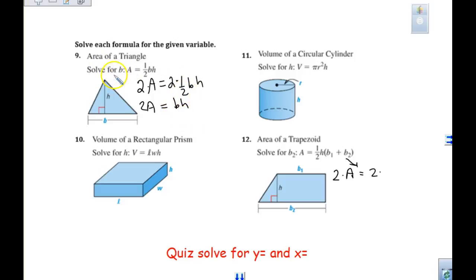I'm asked to solve for B. Next step. Kennedy. Divide by H, because we want to get B by itself. Would we say this is what B equals right here? 2A divided by H? Yeah, because this is going to be the 1 over 1.